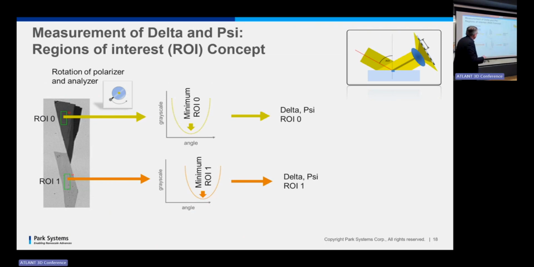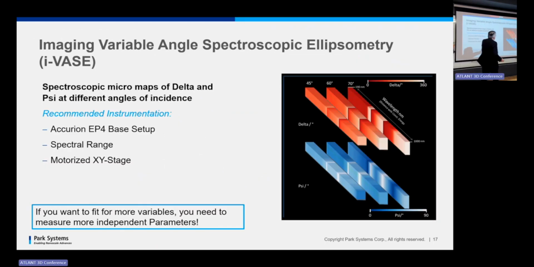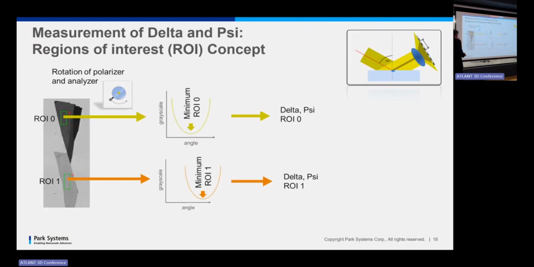So now I go back. Here I was still talking always about microscopic maps. So now, if you want to have something similar to a normal ellipsometer, just the numbers, we can use our so-called regions of interest concept. So we can select in the image different parts where we would like to have the results later.